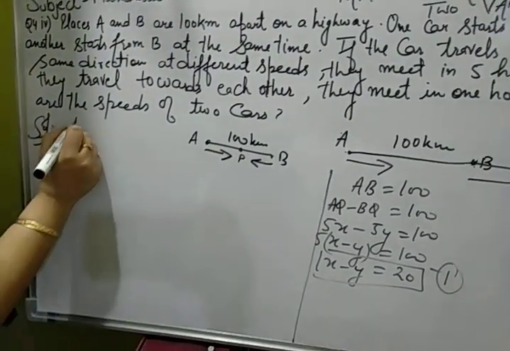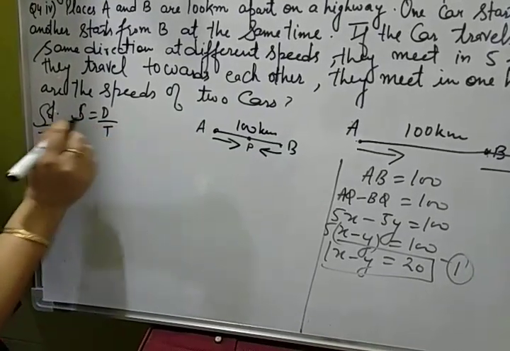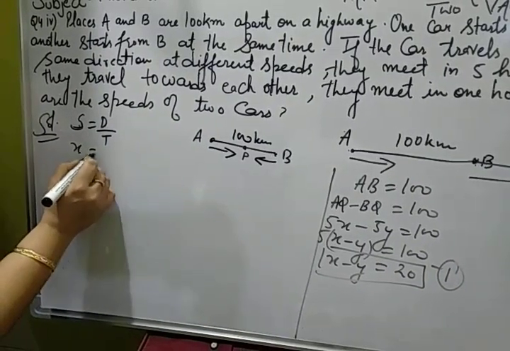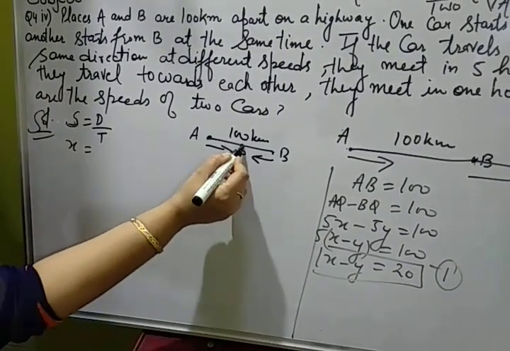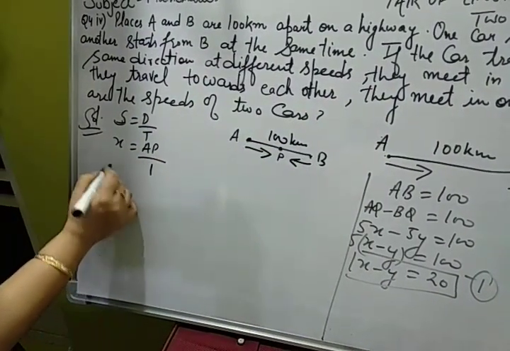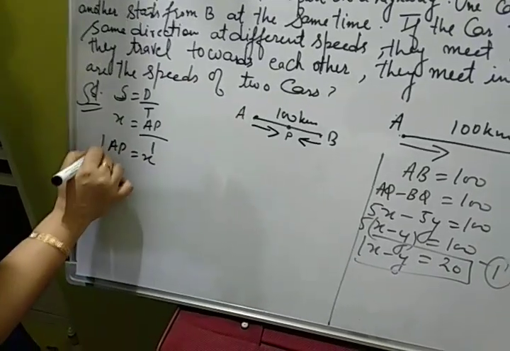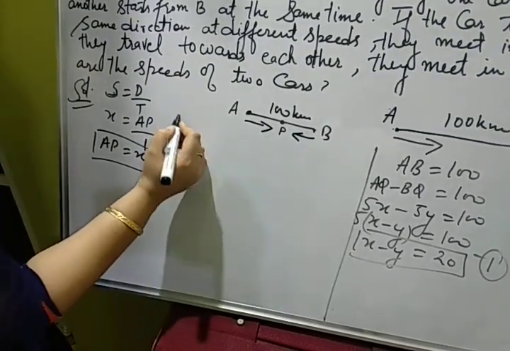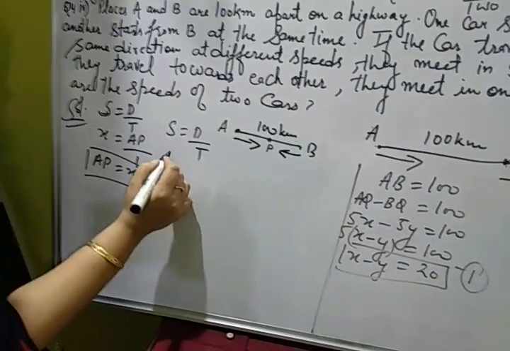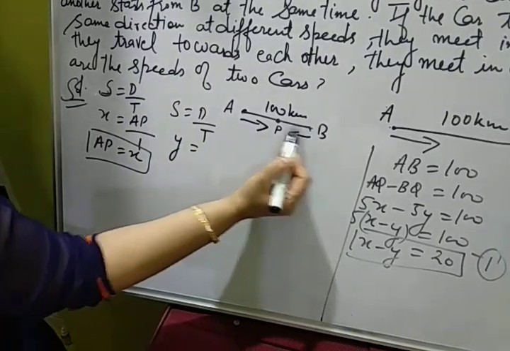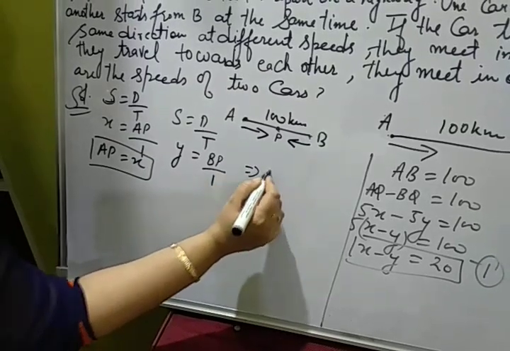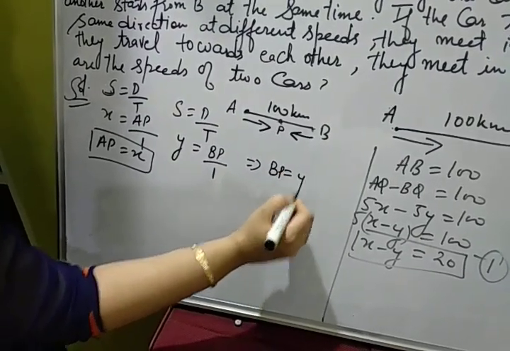Again we know that speed is equal to distance upon time. Speed of A is x, distance traveled by A is AP, and time is 1 hour. It means the value of AP is equal to x. Again for B, speed of B is y, distance covered by B is BP, and time is again 1, which implies BP is equal to y.